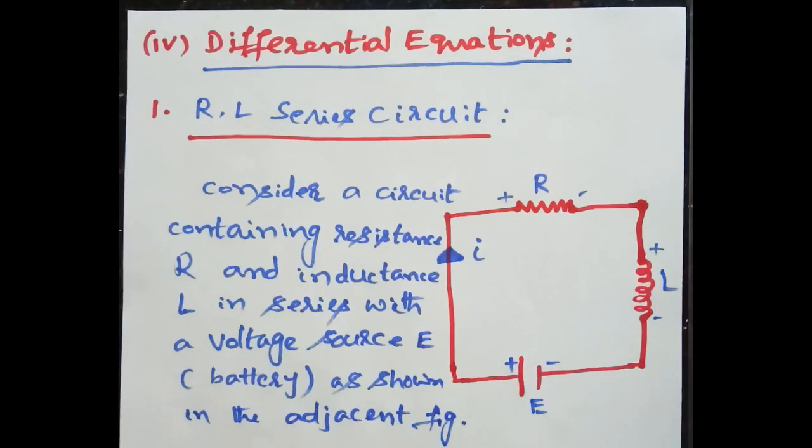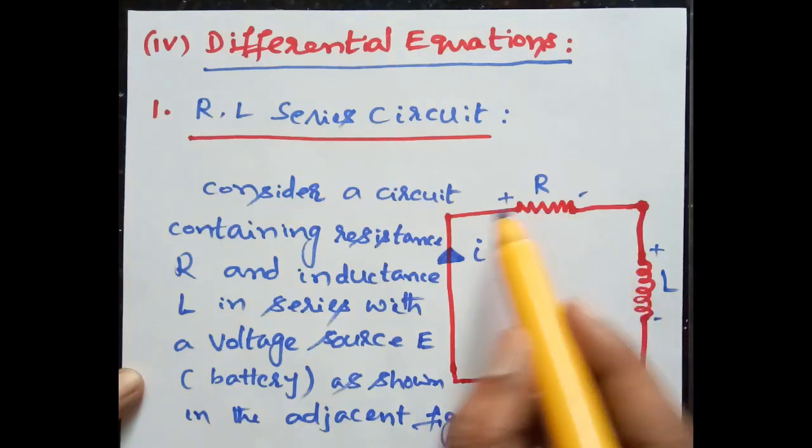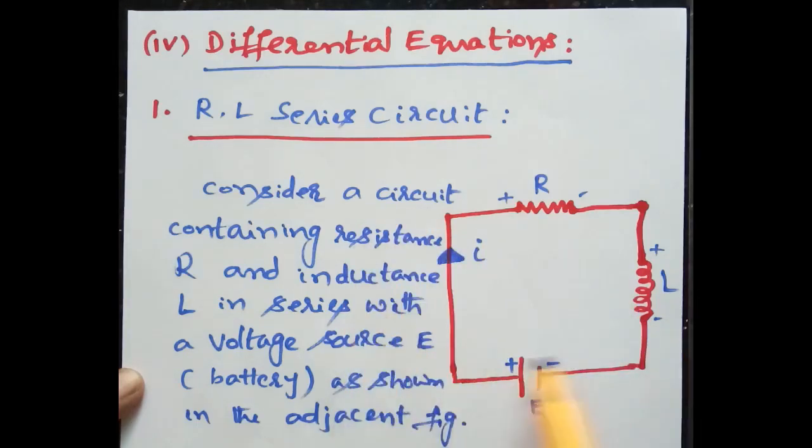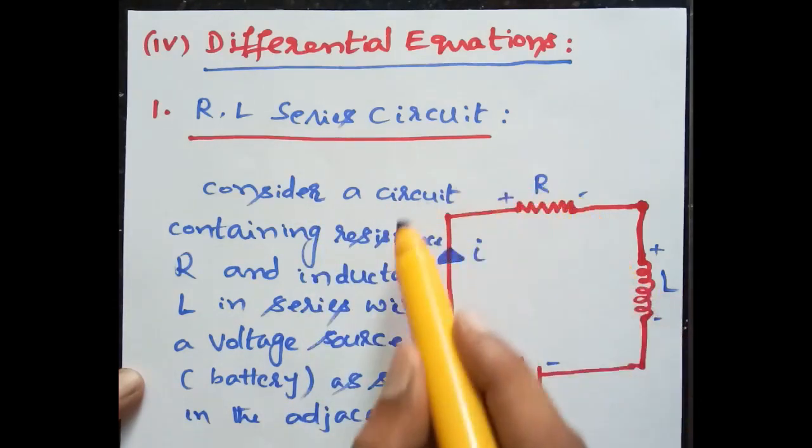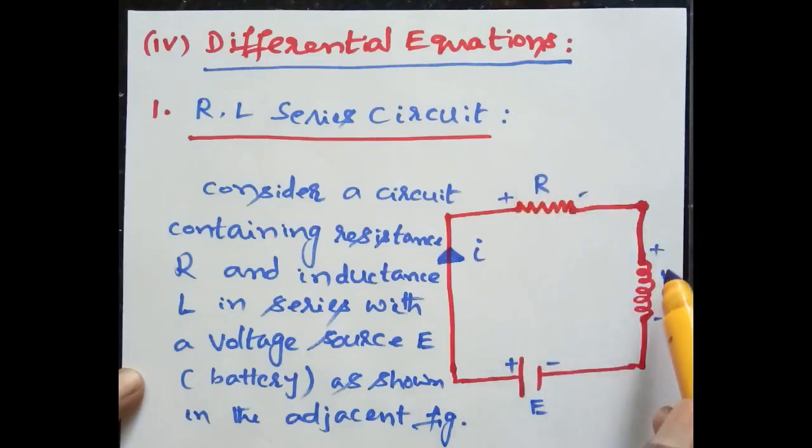Now, if I be the current at any time in the circuit, so we considered the circuit containing the resistance R, inductance L and the voltage source battery. This is the circuit we considered here.